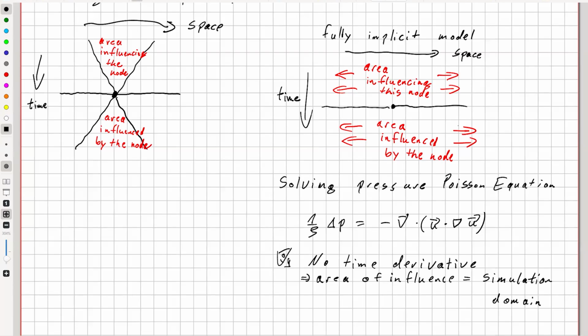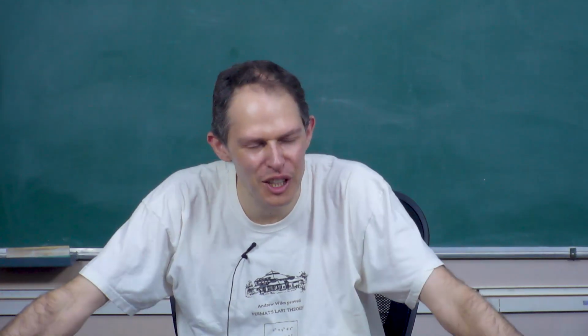In the pure Navier-Stokes world, this leads to the condition that nowadays for large systems, they don't do this anymore, and they have other ways of solving this equation, not exactly, that are faster.